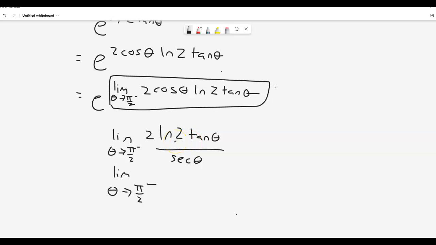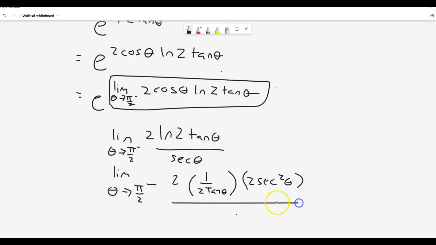On the top, that's going to be 2 times 1 over 2 tangent theta, times the derivative of the inside function. The derivative of tangent theta is secant squared theta, so the derivative of 2 tangent theta is 2 secant squared of theta. So that's going to be our top here.